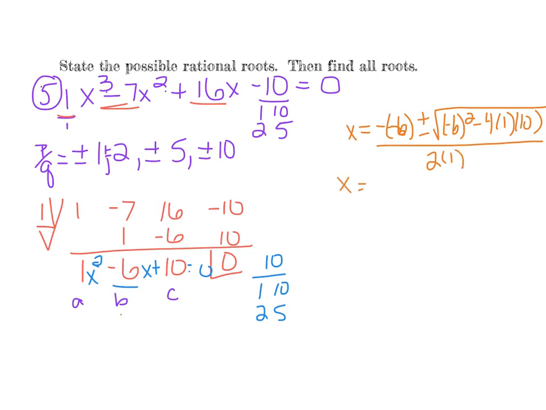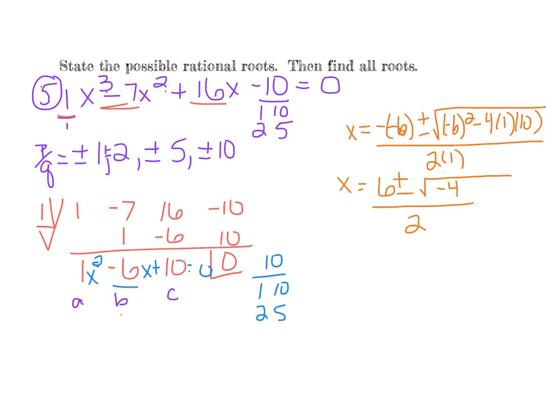So a -6 turns to a +6, plus or minus the square root of 36 minus 40, which is -4. Use your calculator if you want. And that's all divided by 2.